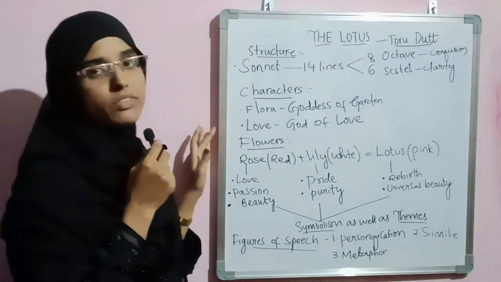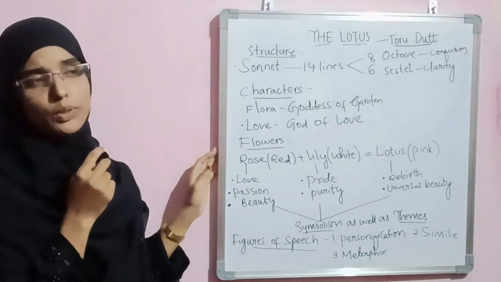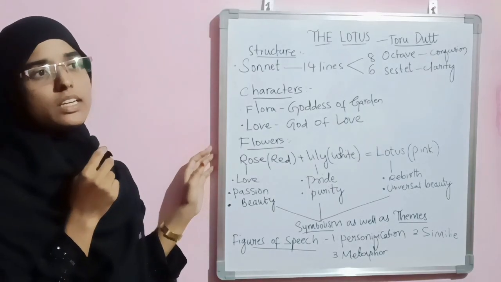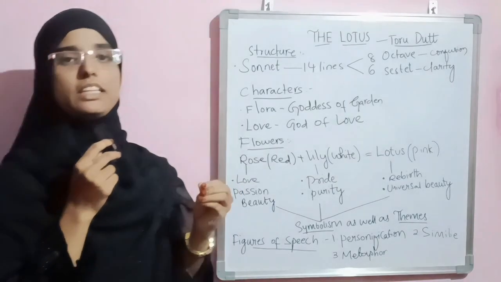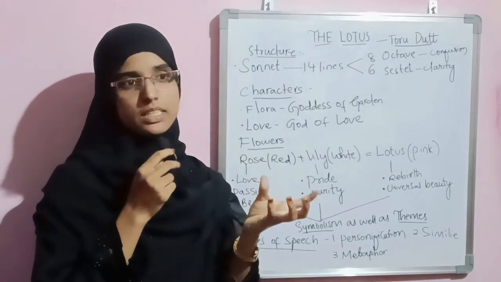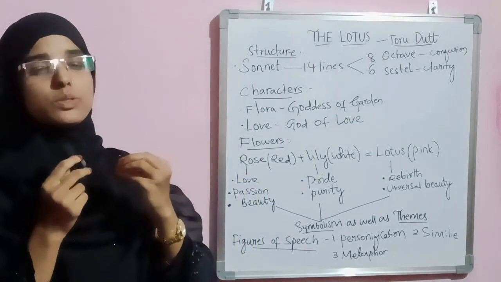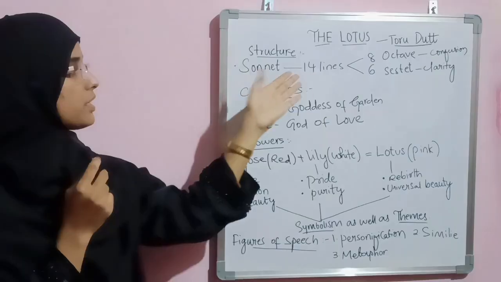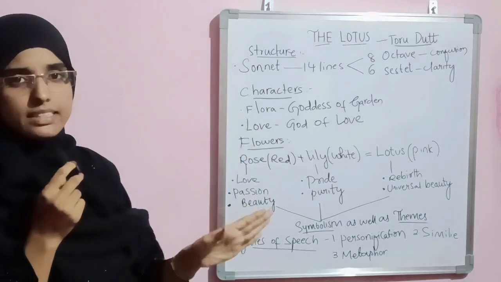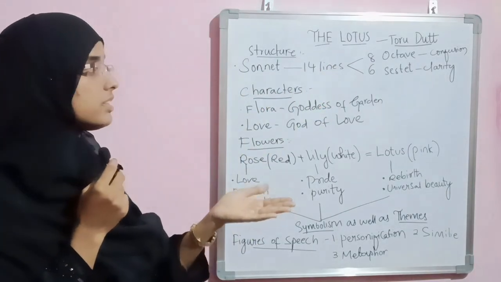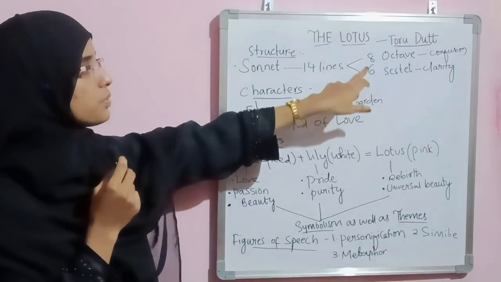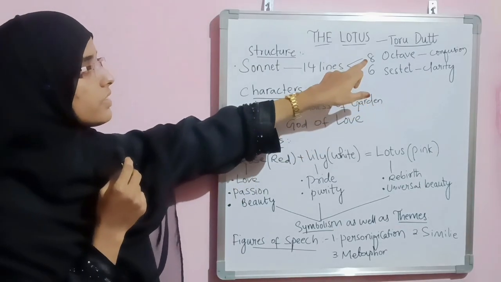This poem is a Petrarchan sonnet. What is a Petrarchan sonnet here? Sonnet means any 14-line poem. This poem consists of only 14 lines, and these 14 lines are further categorized into two segments.